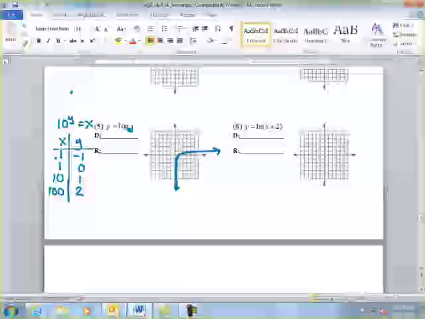So what about domain here? Domain talks about x. It's greater than 0. It's limited by a vertical asymptote. Just as our exponentials had a horizontal asymptote to limit the range, logs, since they are the inverse, have a vertical asymptote that limits the domain.